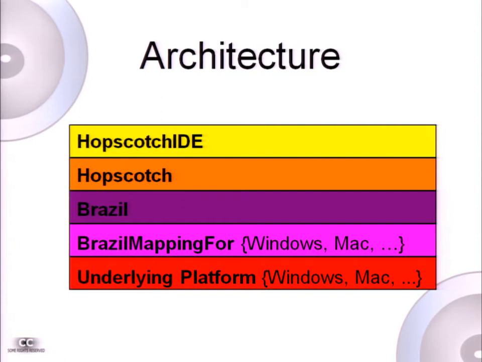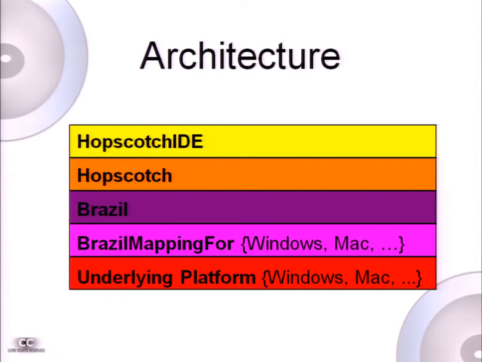So the IDE is a top-level layer, and it runs on top of this library I've alluded to, the Hopscotch framework. This, in turn, runs on a thing called Brazil, named after the movie. We have this sort of dystopia theme. And Brazil is a widget GUI library. It's a portable retained graphics 2D widget library.